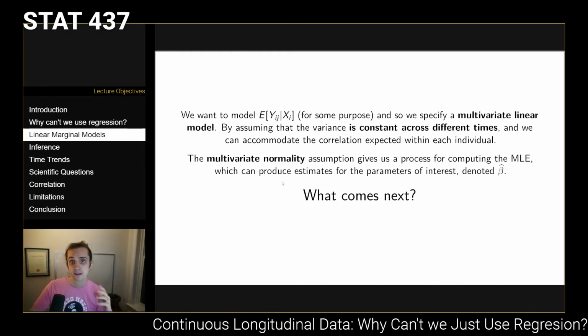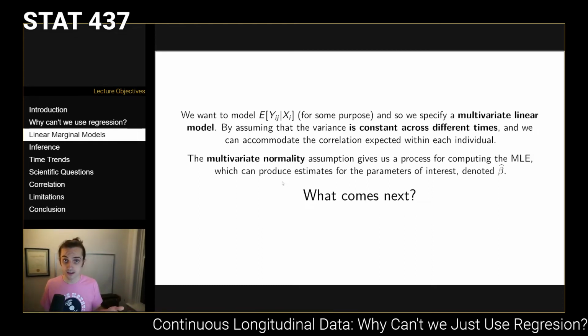what we've done is we've said that we want to model the conditional expectation of our outcome given our explanatory factors. In order to do this, we're specifying a multivariate linear model. We're taking the concept of linear regression and saying, what if we make the outcomes multivariate instead?